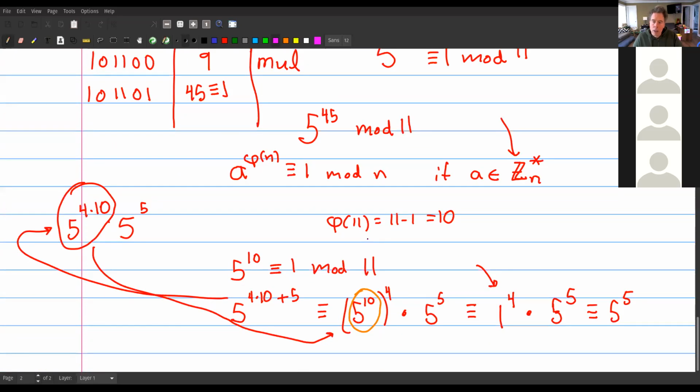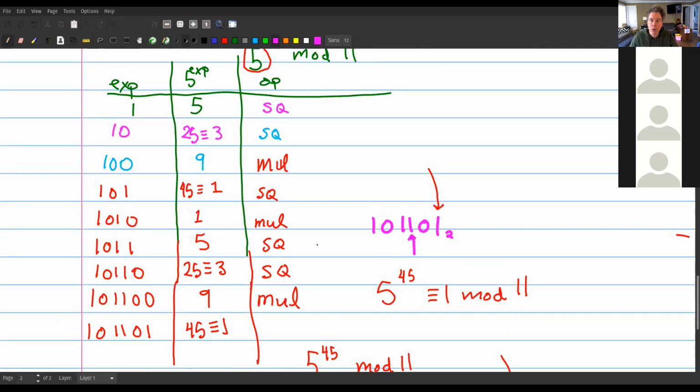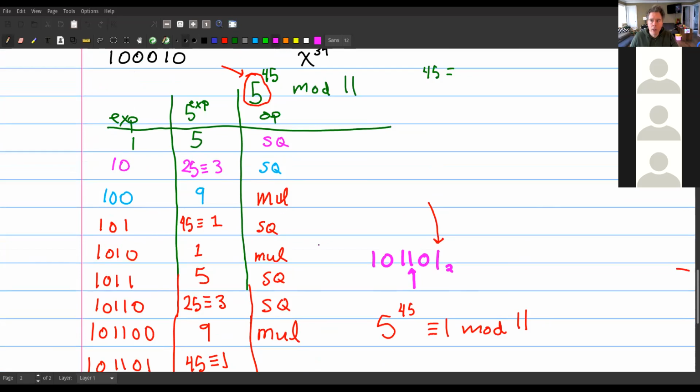But if you only know the public key, there's no way to know when to stop, or anything about d, not even what it is mod 2. You cannot get a single bit of information about d.